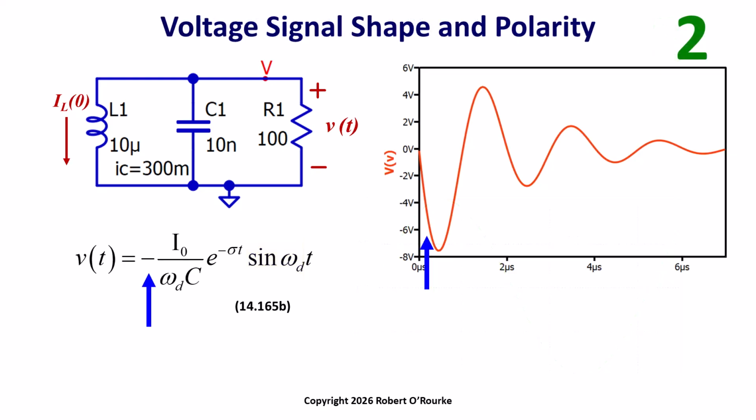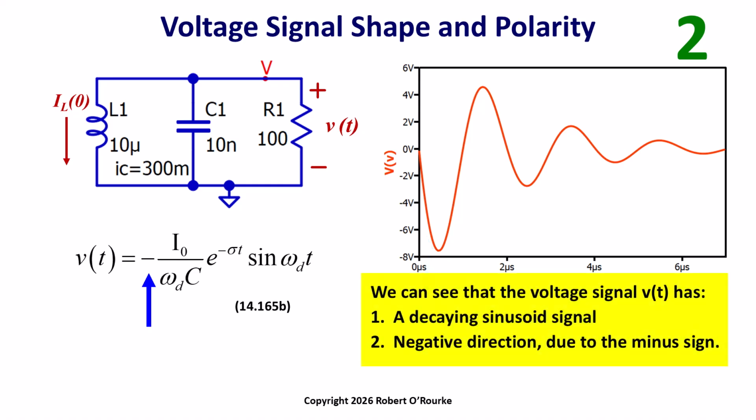Noticing the minus sign at the beginning of equation 14.165b, we expect the voltage to start out going negative, like we see in the voltage plot of the underdamped parallel RLC.